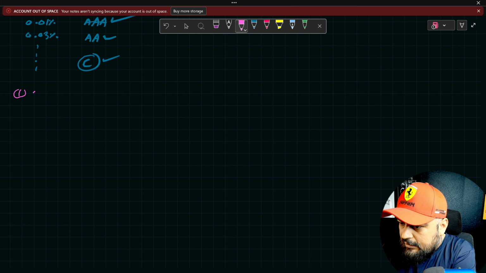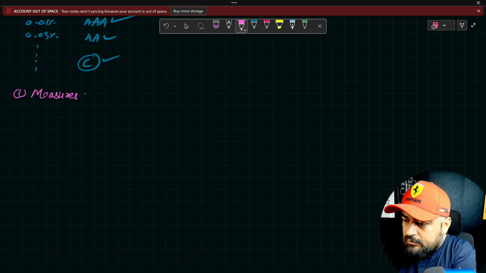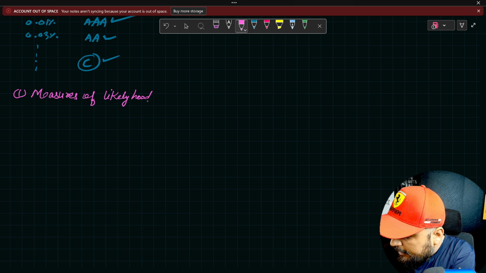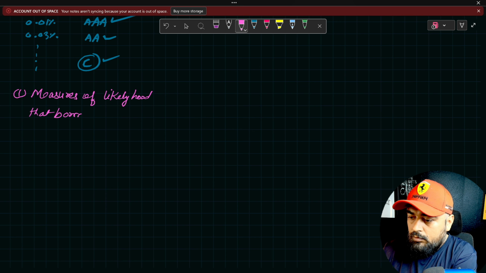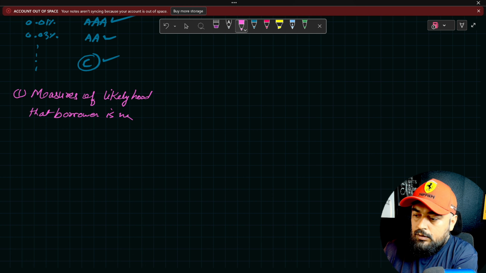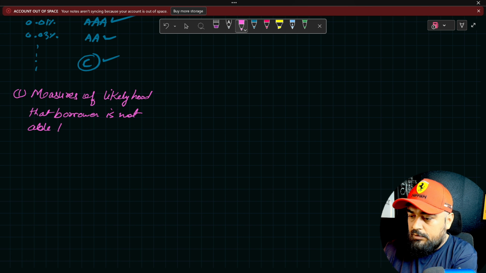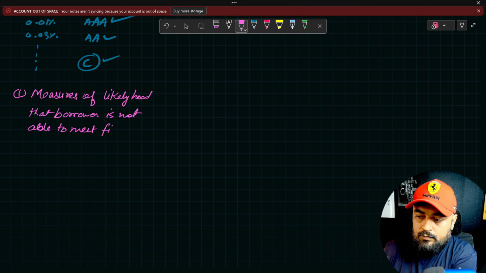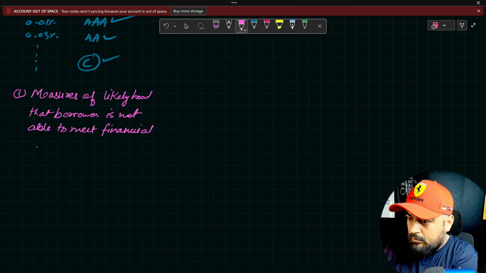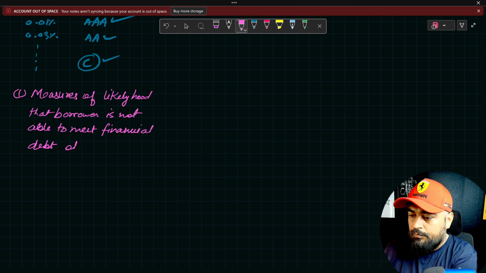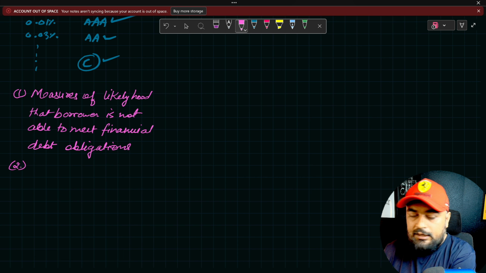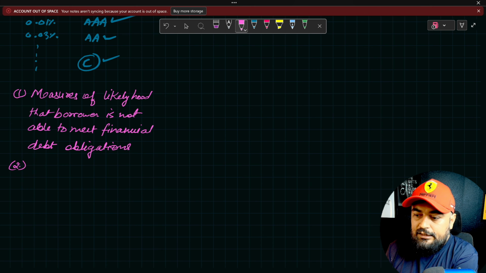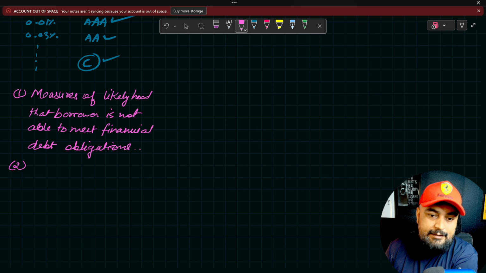Number one is these are measures of likelihood that the borrower is not able to meet financial debt obligations. This is something you should remember, okay? Because that's what the purpose is. We need to identify the people who are not able to meet the debt obligations.